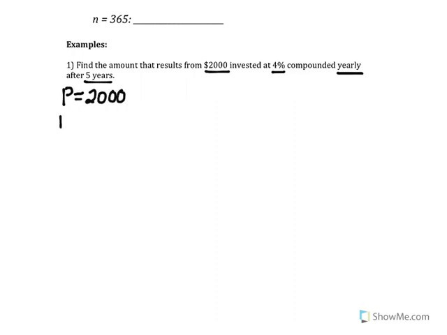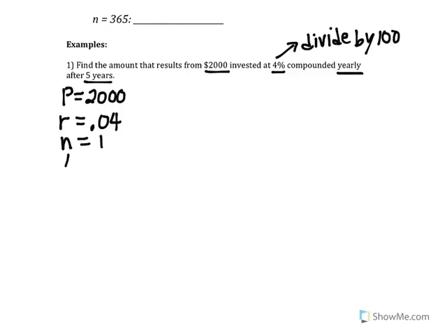Our interest rate, we're going to change over into a decimal, so we're going to make it 0.04. And whenever you do that, you're really just dividing by 100, because percent is out of 100. Our N is going to be 1, and our time is 5 years.